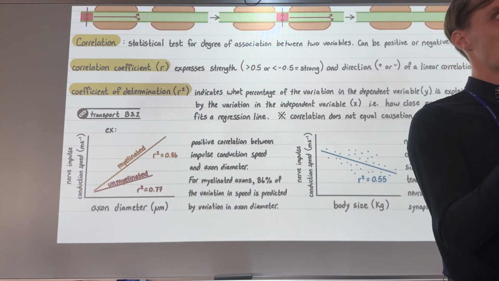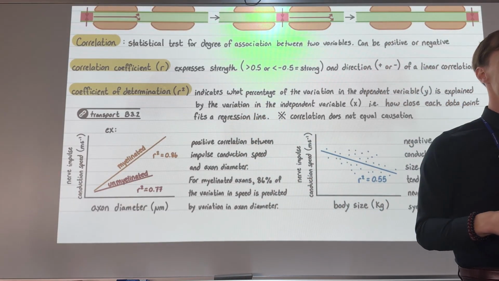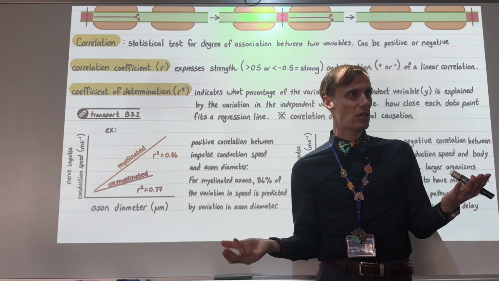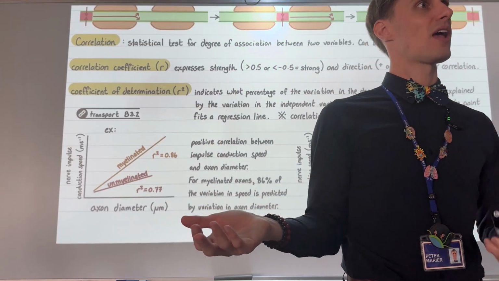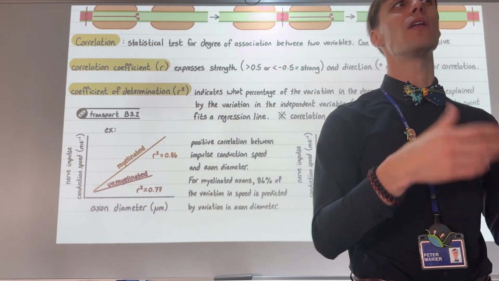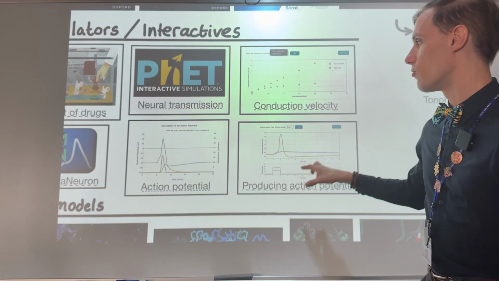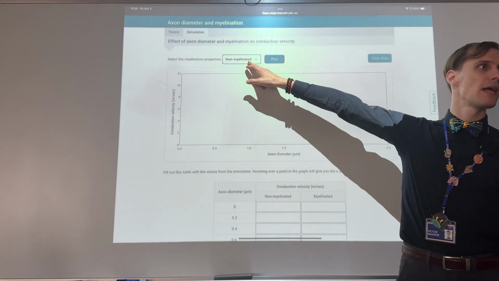The learning outcome here is actually exploring how we can use the coefficient of determination to examine what is the correlation between the size of axon diameters and propagation speed, and what is the correlation between myelination and non-myelination. If we click on conduction velocity, I'm going to select non-myelinated.